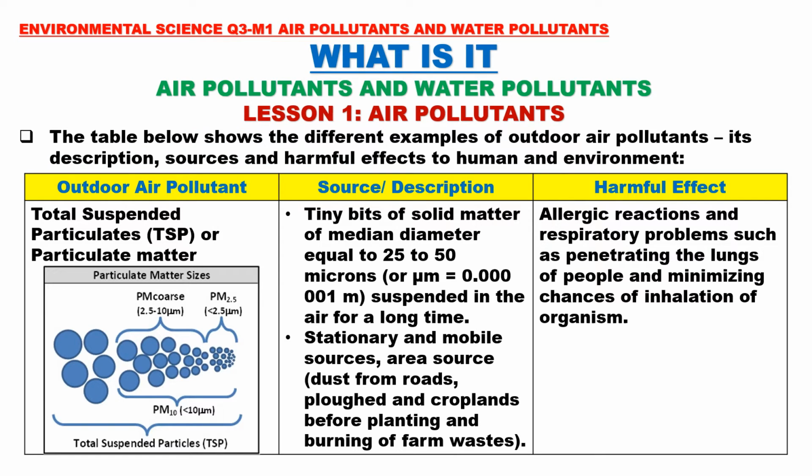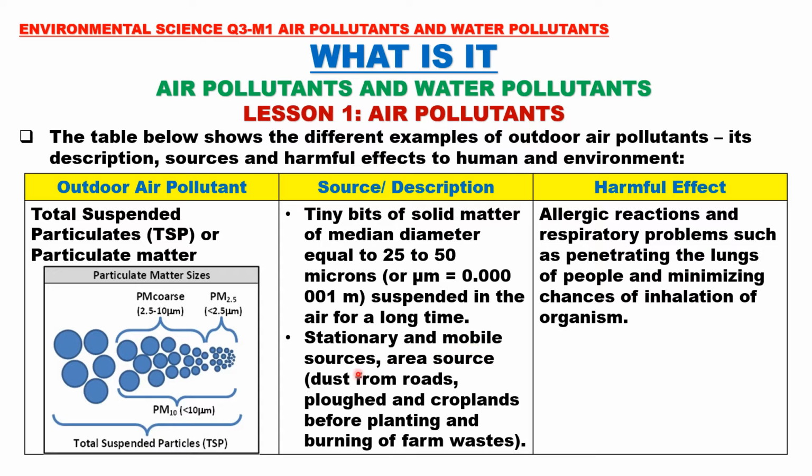So the table below shows the different examples of outdoor air pollutants, its description, sources, and harmful effects to human and environment. So let's start with the first one. For number one, we have total suspended particulates or TSP or particulate matter. These are tiny bits of solid matter of median diameter equal to 25 to 50 microns suspended in the air for a long time.